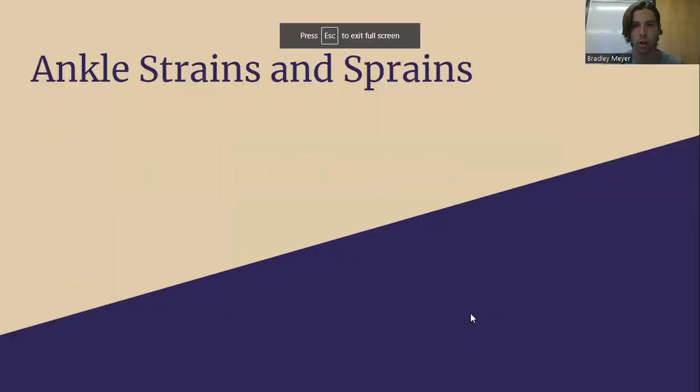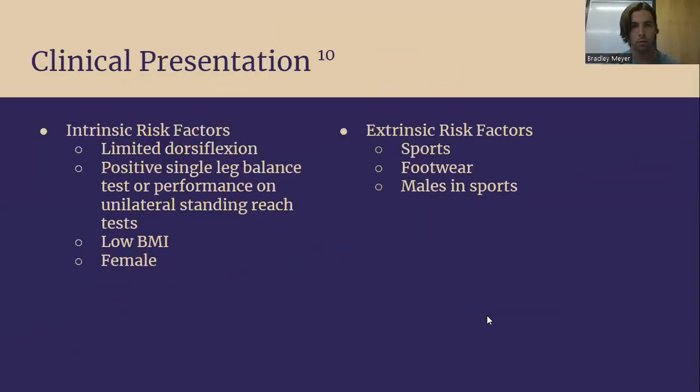Okay, so ankle strains and sprains. First off is a couple slides on the clinical presentation. There are some risk factors that have been identified that may lead to an ankle injury. Some intrinsic risk factors are limited dorsiflexion, a positive single leg balance test, or performance on a unilateral standing reach test, such as the Star Excursion Balance Test.